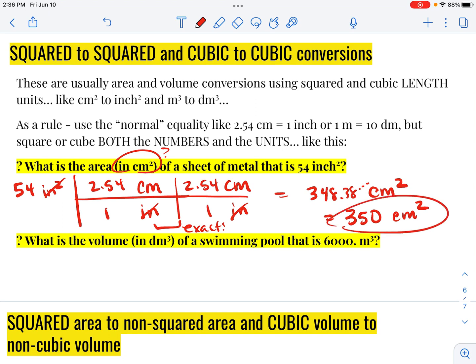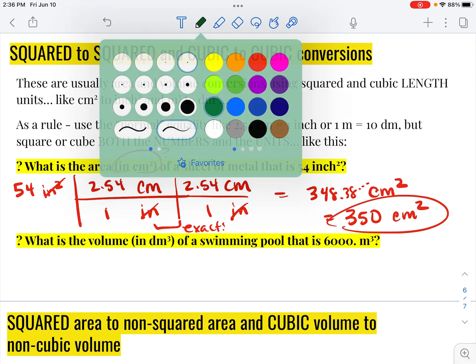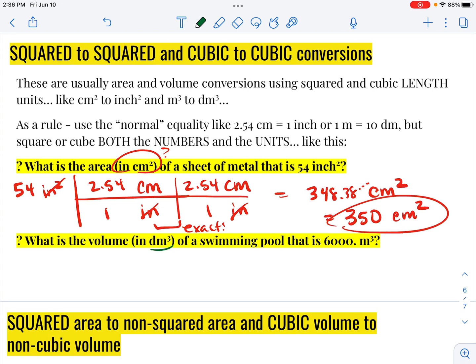Okay. I'm going to show you a faster way to do this so that you don't have to write out all those conversion factors over and over. So we'll do one now. What's the volume in cubic decimeters of a swimming pool that's 6,000. cubic meters? So 6,000 with a decimal, that's 4 sig figs, meters cubed. I'm going to go meters cubed to decimeters cubed.